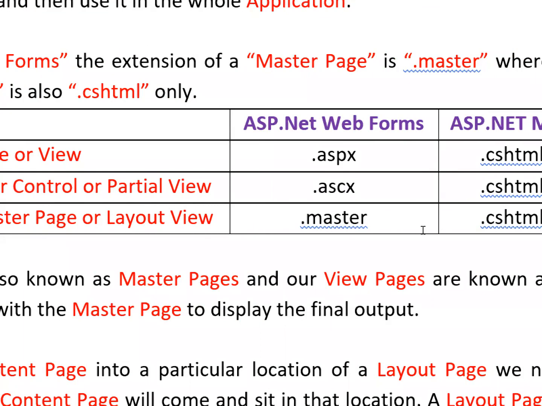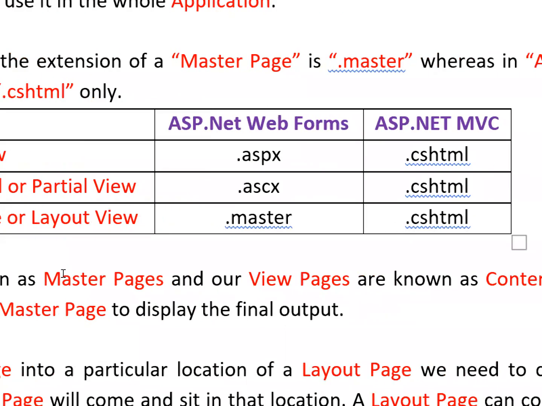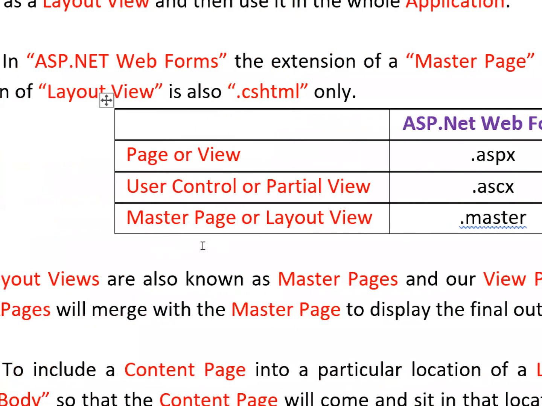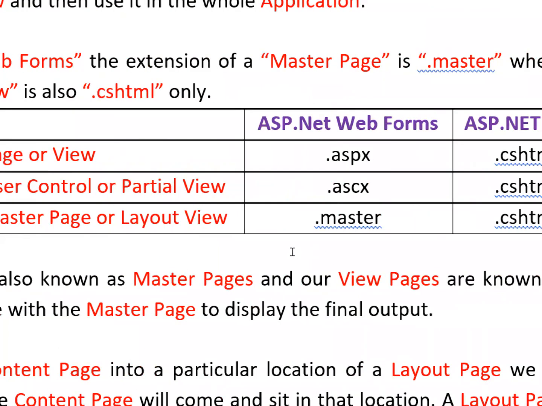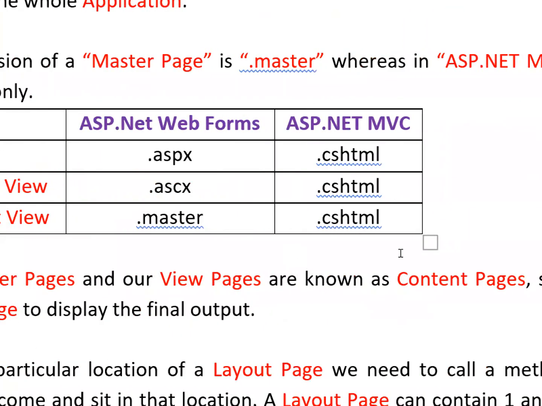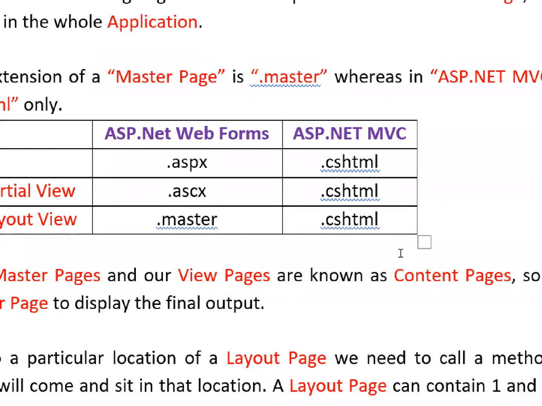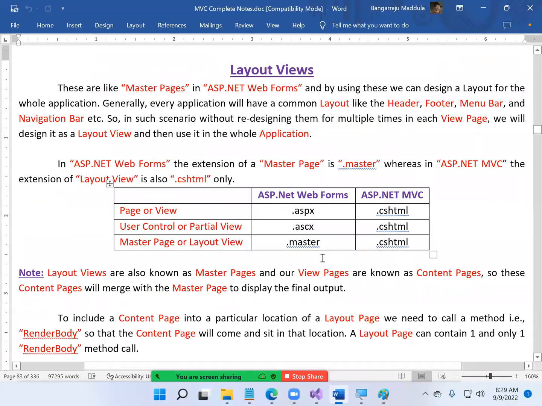But for us, next we have master pages, called layout pages. What is the extension? Did you understand? For us, everything is .cshtml. No confusion for us. But when you go to web forms, the same feature is available there, but they call it a master page and the extension is .master. Okay.